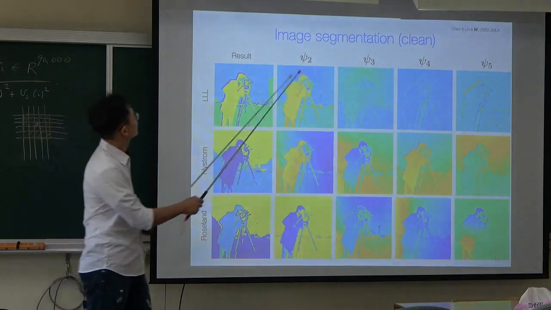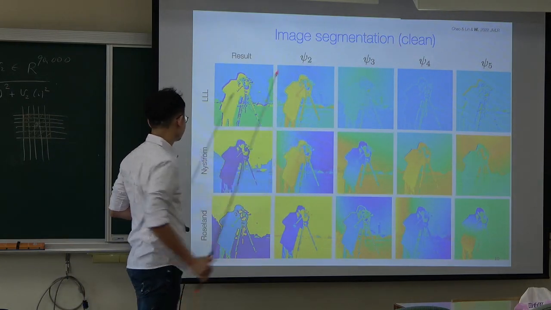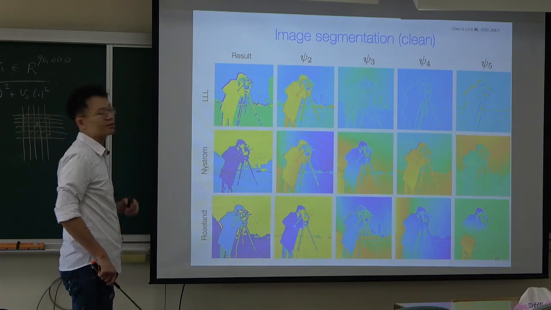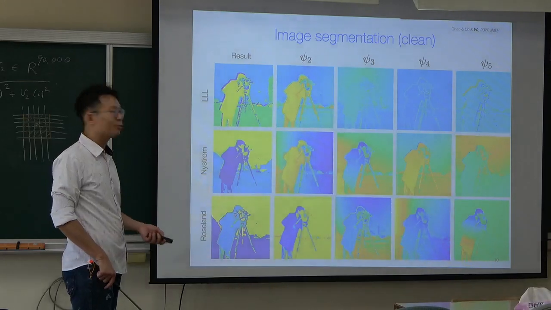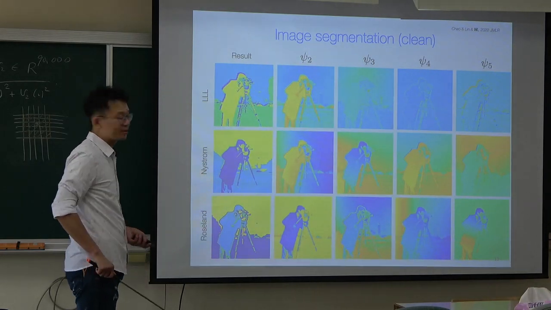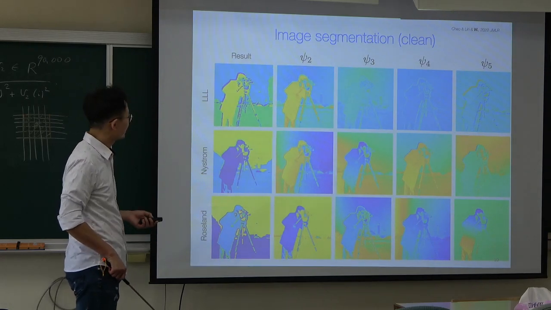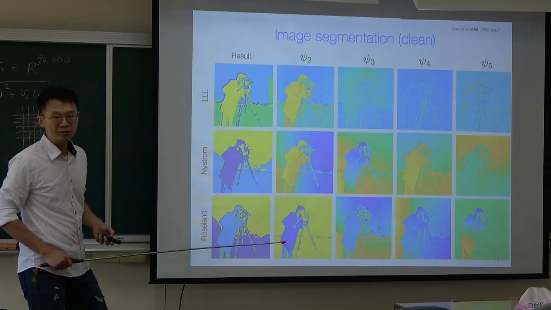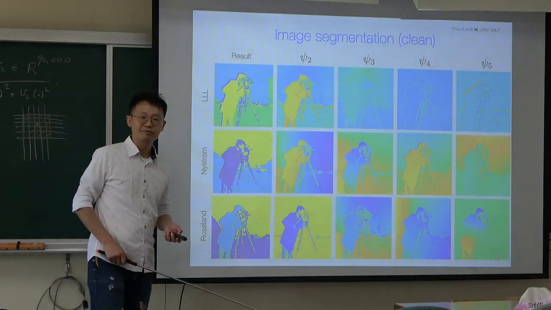So this is the result, segmentation if data is clean, and you just run different algorithms. It is actually not that easy to say which one is better, but I just want to show you the picture. And using Roseland is very fast. You can just get it without worrying too much. We can only run Nystrom. It is not possible to run diffusion map.